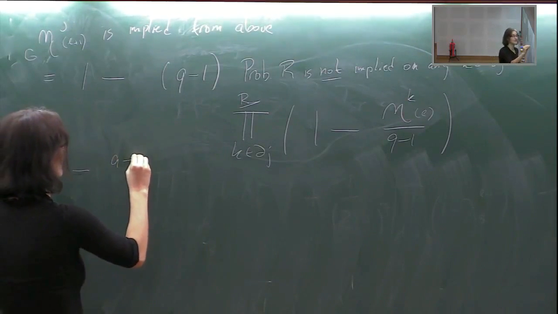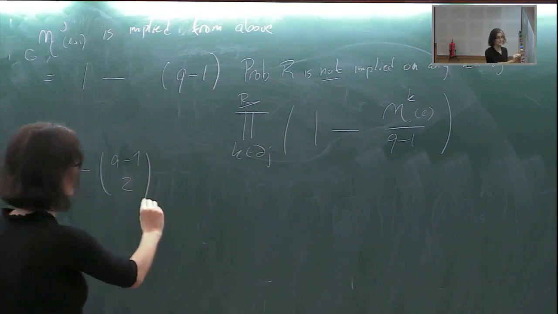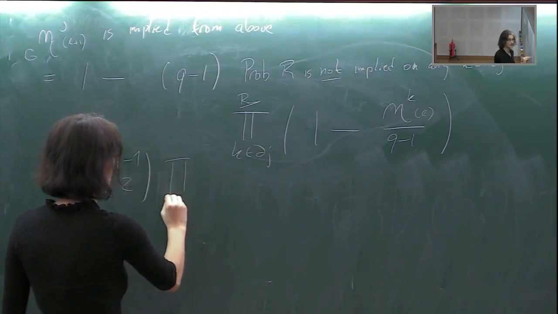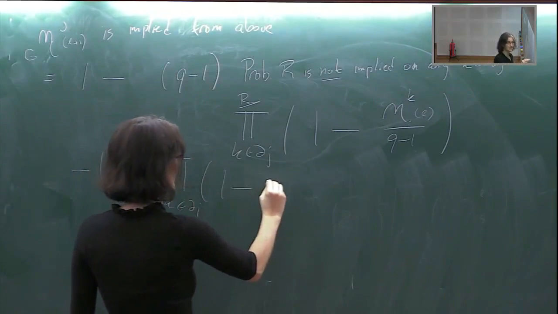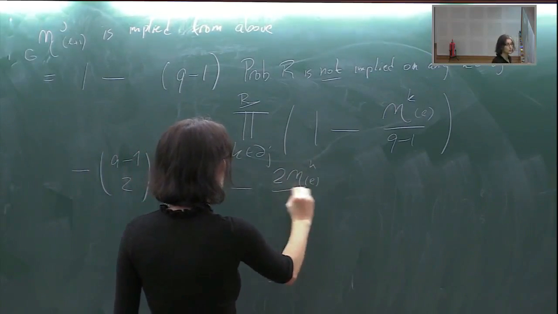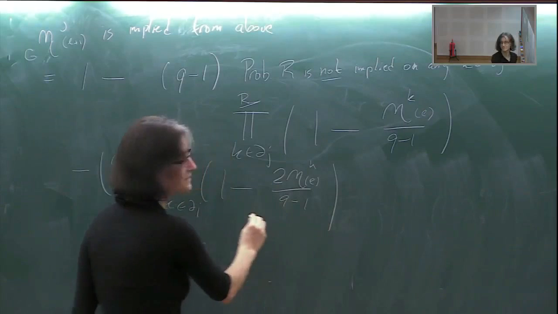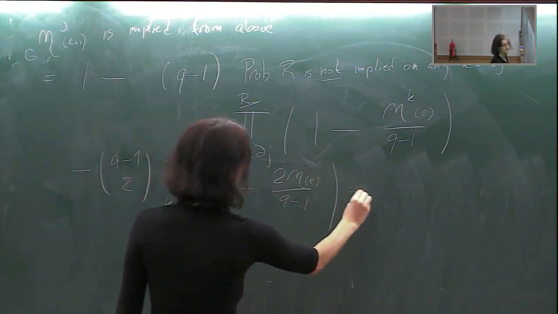So how many possibilities are there to choose 2 colors among q minus 1 of them? That's this. Then again this product will be the same, and this will be again the same, but here we will have 2, because 2 out of the q minus 1 possibilities are those that we actually care about, etc.